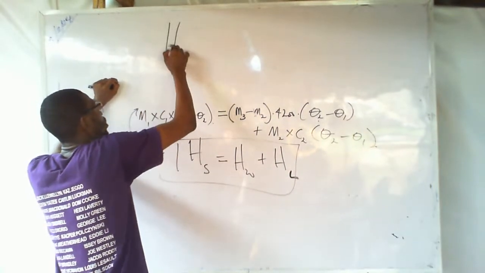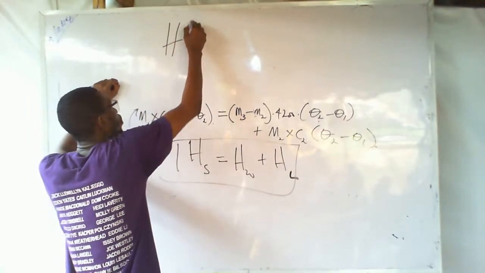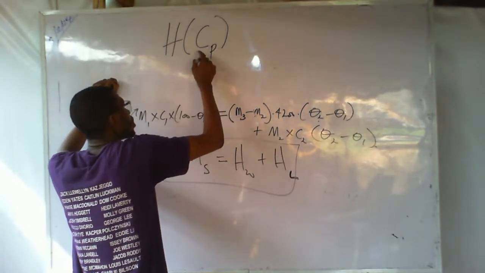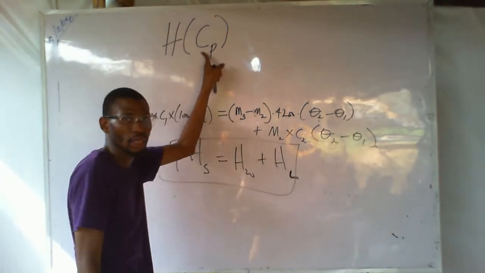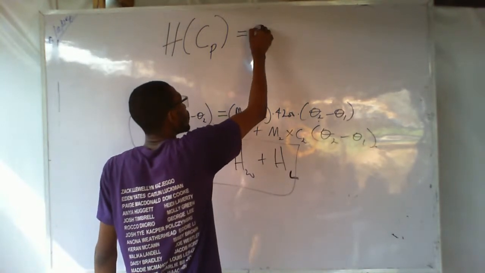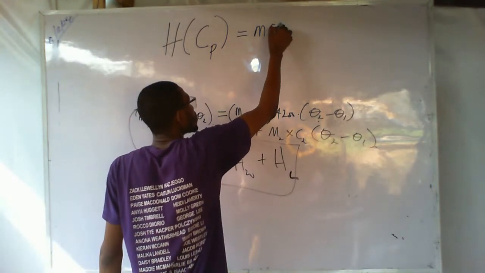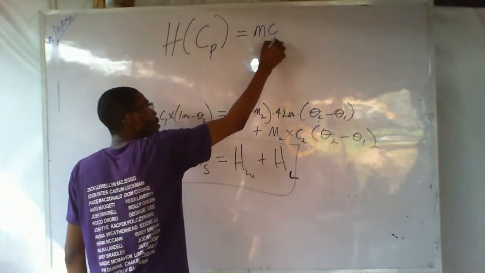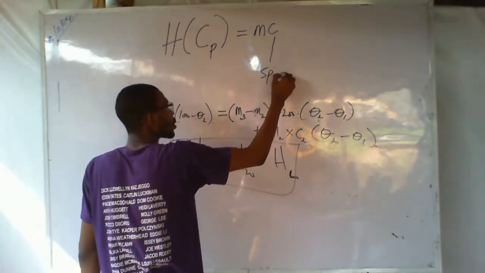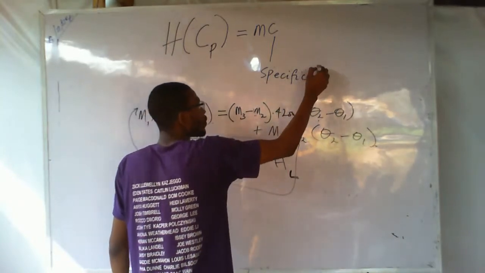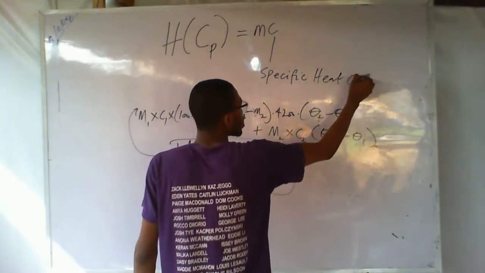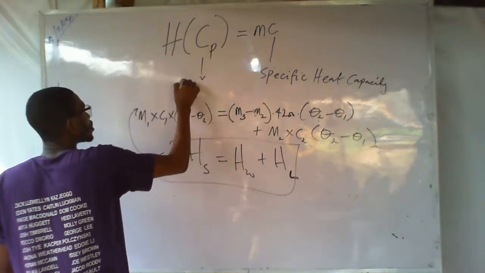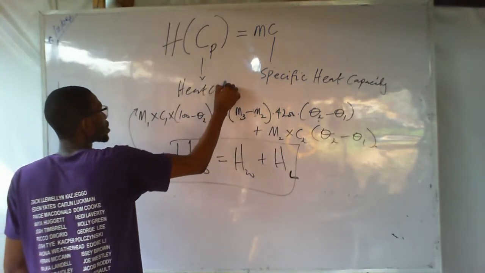Heat capacity can also be indicated with the capital letter C, and that gives mass times specific heat capacity. This is the specific heat capacity, and this is the heat capacity.